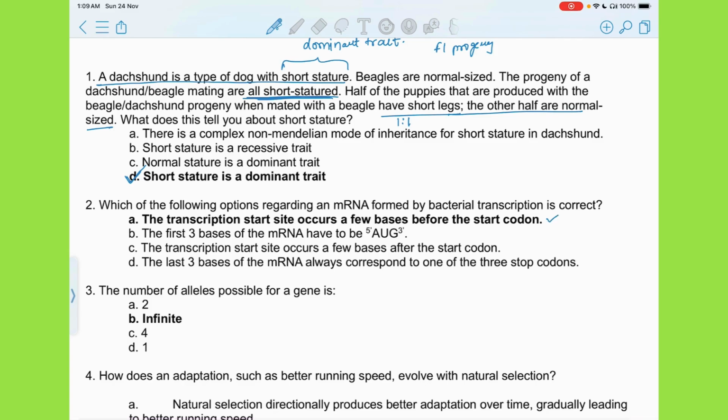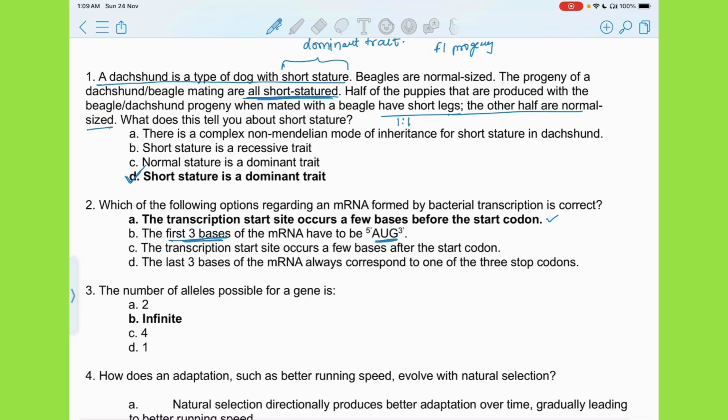The first three bases of the mRNA have to be AUG. This is not necessarily true. It can be any other codon also, which can serve the purpose of a start codon.